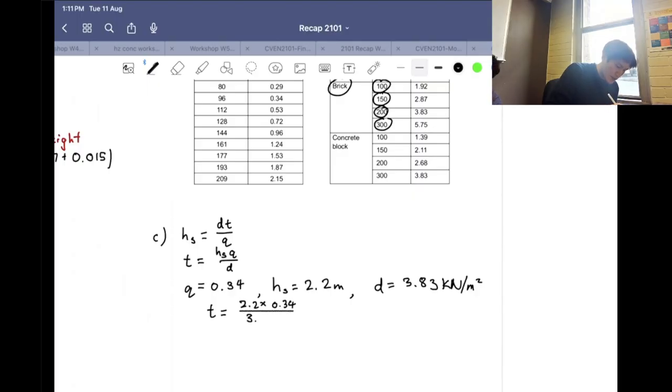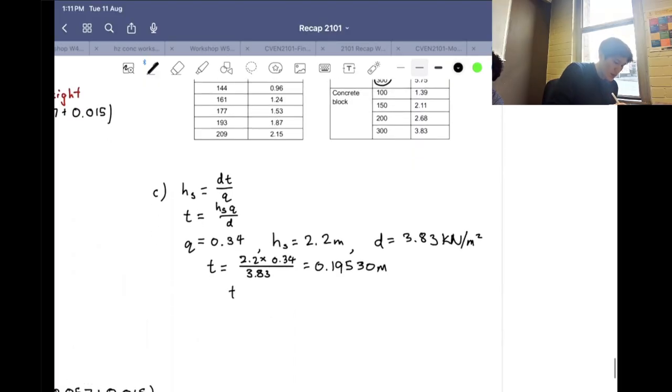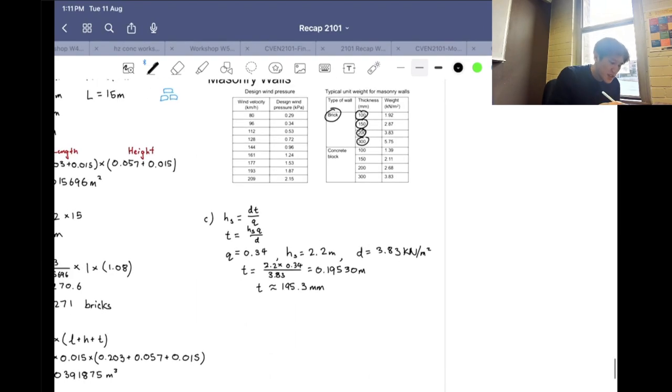3.83, which should give you 0.19530 meters, and then you can convert that back into millimeters, which is 195.3 millimeters. So as you can see, this thickness is quite similar to the 200 that you assumed it would be.